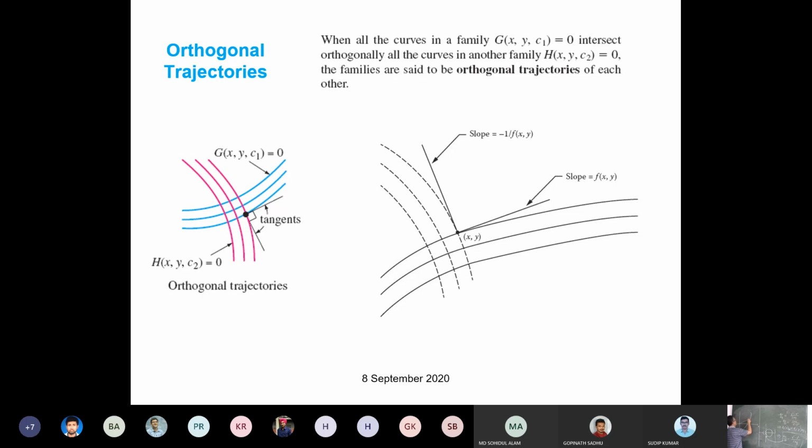So this length is your r, and this angle is theta. Let me take a neighboring point. Suppose this is P and this is Q.